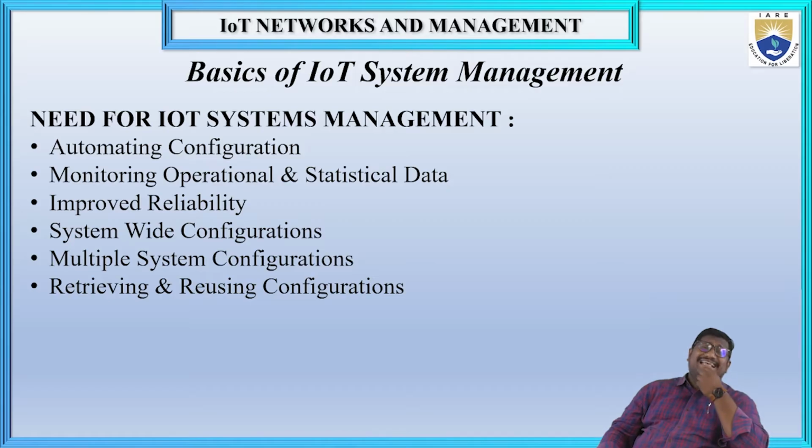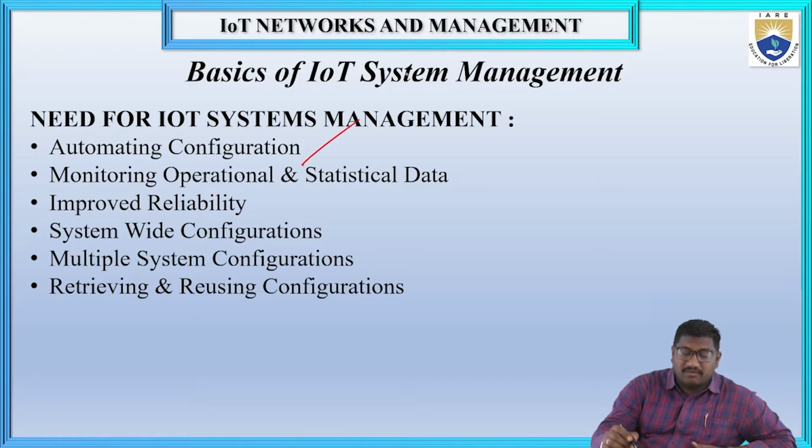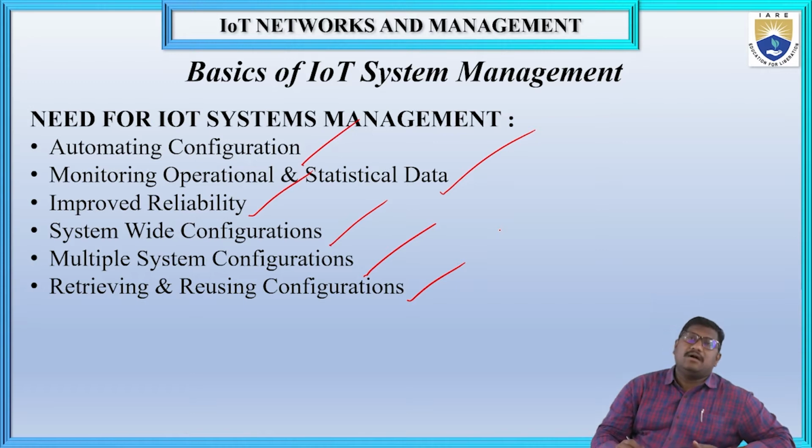What was the exact need for managing a particular IoT system? In the previous class also I told you the main needs of this system management: auto configuration, monitoring operational and statistical data, improving the reliability, making system-wide configurations, and retrieving and reusing configurations.